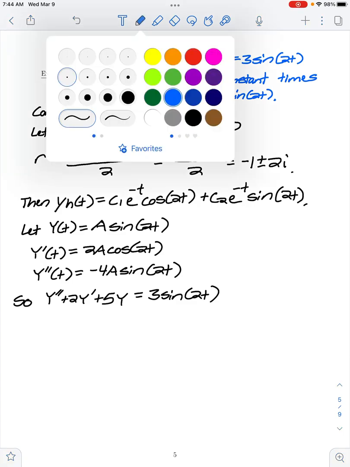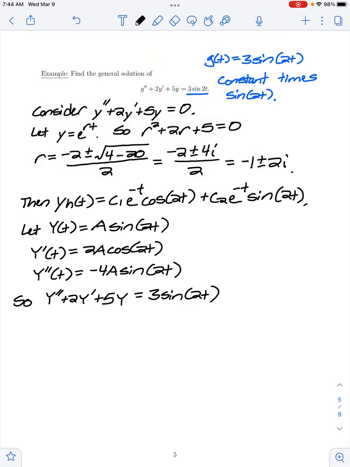If we go back to the form of the particular solution where we had a constant times sine of 2t, well, we need our cosine terms to work out so that they can cancel one another. So let's also include a constant, let's call it b, times the cosine of 2t.